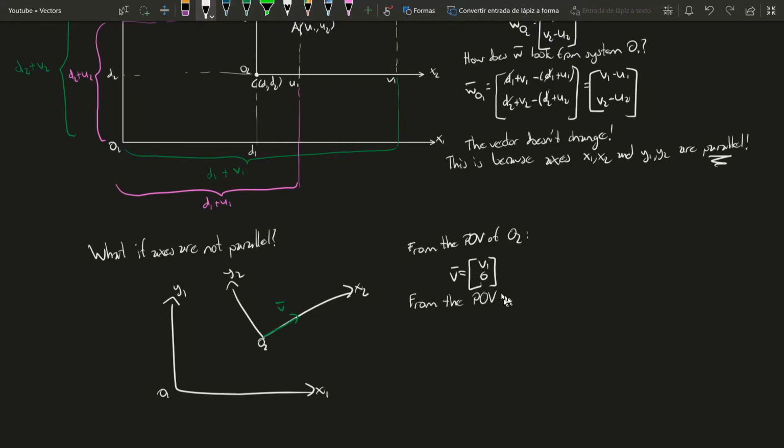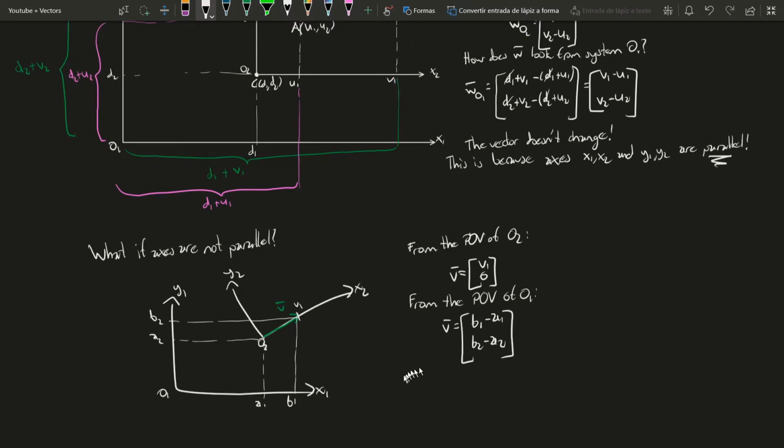But now look at it from the point of view of system O1. You'll immediately notice that it has components on both axes. Its tail is located at A1, A2, and its tip at V1, V2, in which case you'll get components V1 minus A1, V2 minus A2.